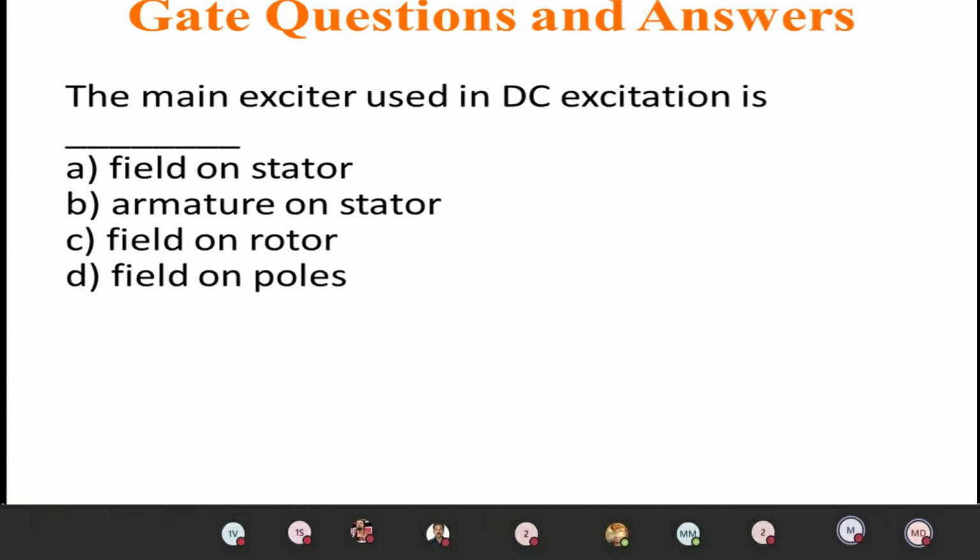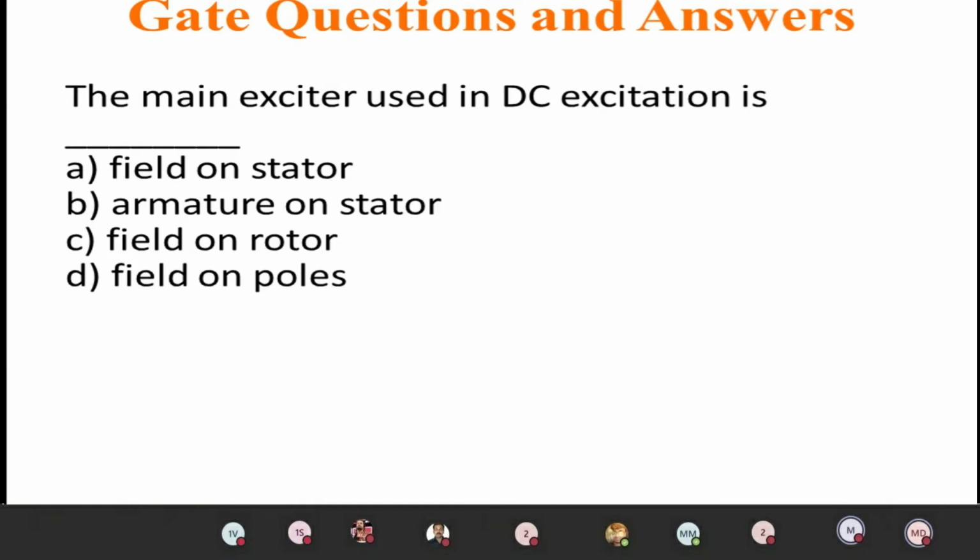The main exciter may have the field on the rotor, but they are asking about the main exciter used in DC excitation. In DC excitation they are speaking about the pilot exciter, which is a DC shunt generator.